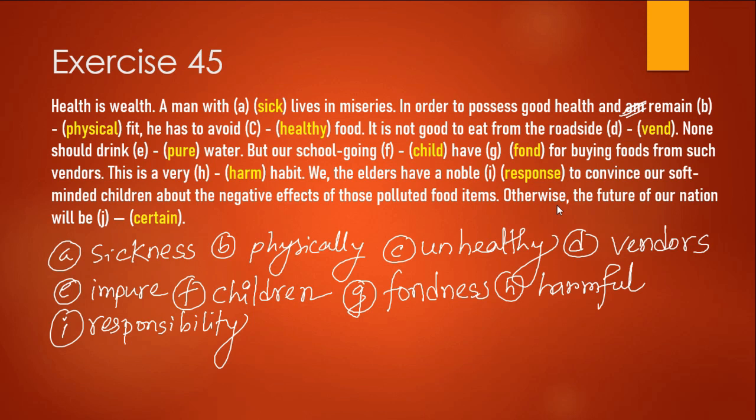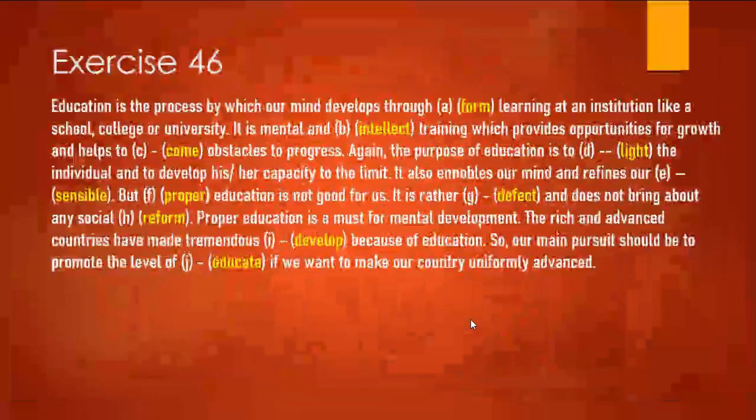Noble responsibility to convince our soft-minded children about the negative effect of those polluted food items. Otherwise, the future of our nation will be uncertain. So J number will be uncertain. Now let's do another one.